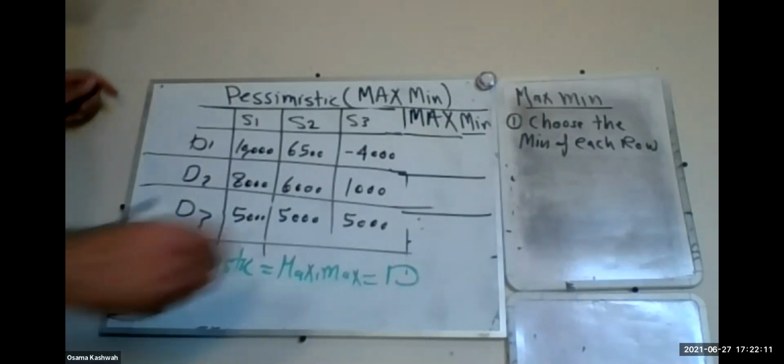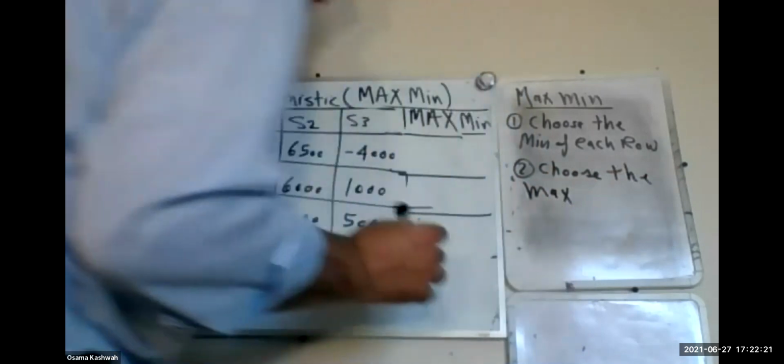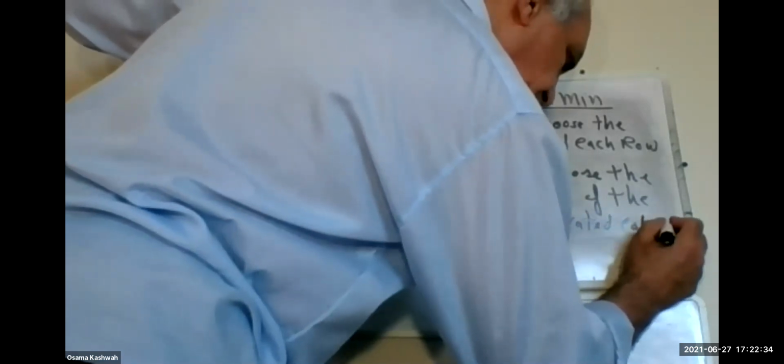Second step, choose the maximum of the new column, the generated column, which you did.